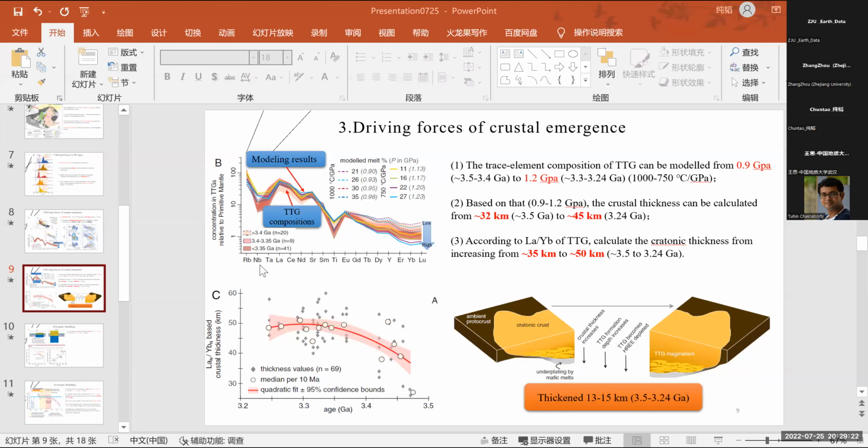Do you know the thickness of the lithosphere for this craton? I'm thinking that you do the isostatic modeling, so you're assuming the mantle density and the crust density.